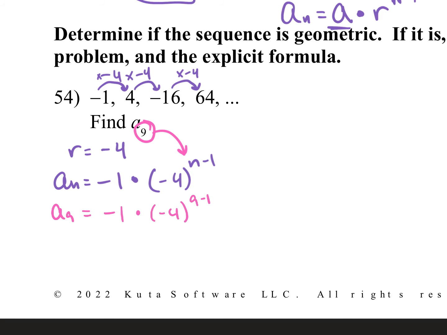So follow your order of operations. You have to do n minus 1 since that's in the exponent. You have to do that first, so it'll be 8. So negative 4 to the 8th power. And then times negative 1. So my 9th term is going to be negative 65,536.